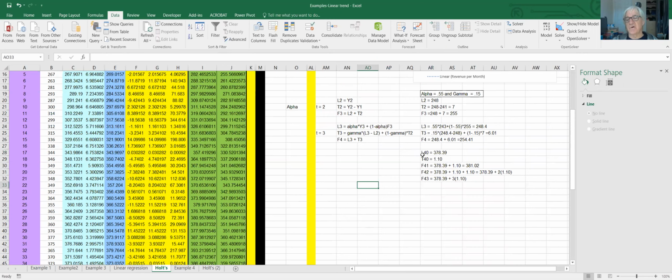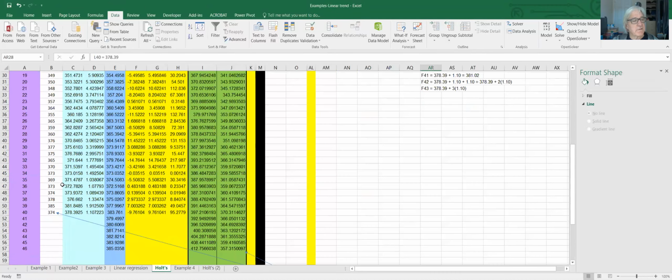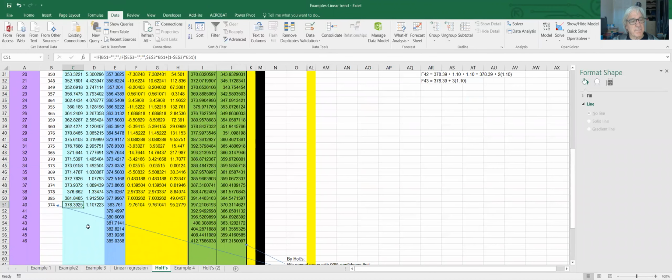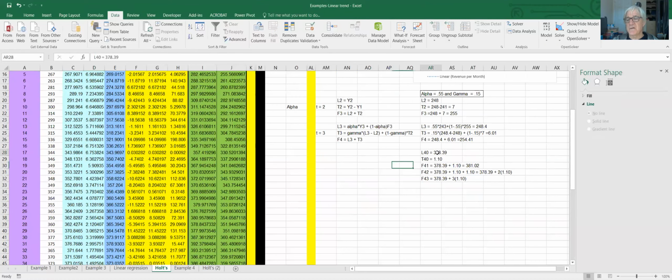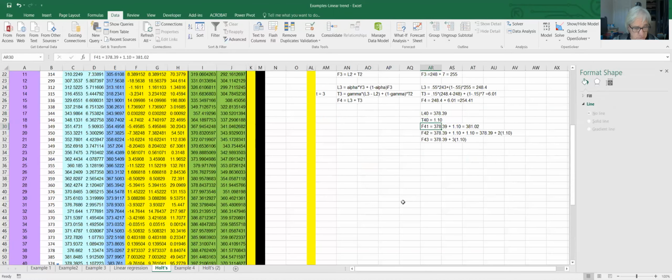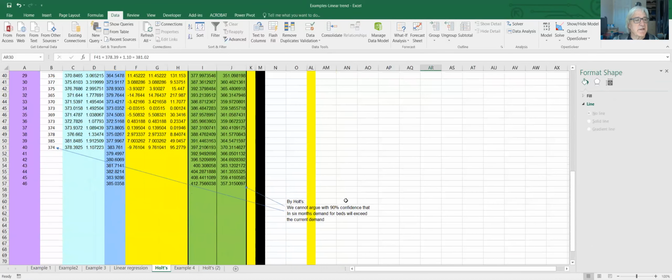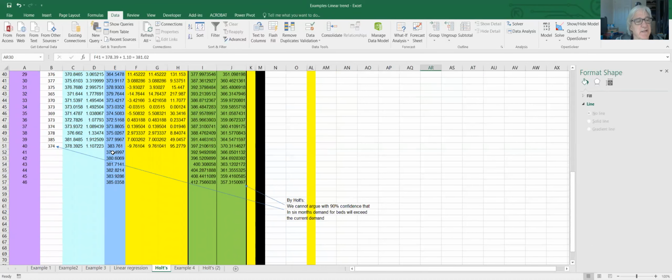Like I do now, L40, I copied it from the template: 378, and T40, 1.1. So now I can create a forecast for period 40 plus 1. I say 40 plus 1 because I do it in period 40. 378 plus 1.1, you get 381.02. There is a small discrepancy because I rounded numbers.